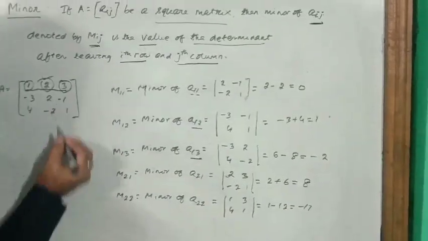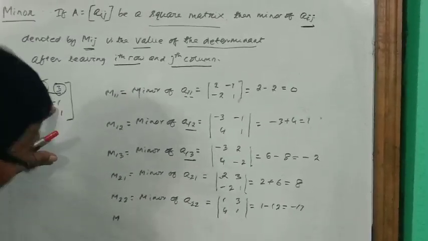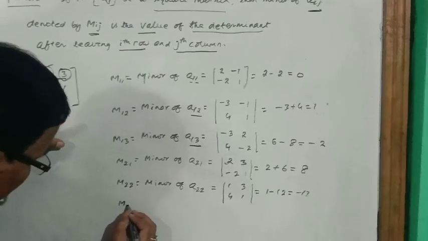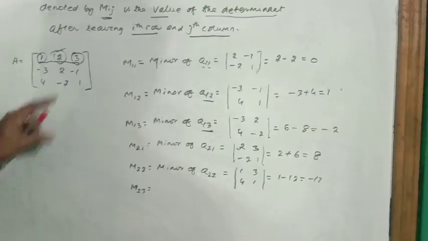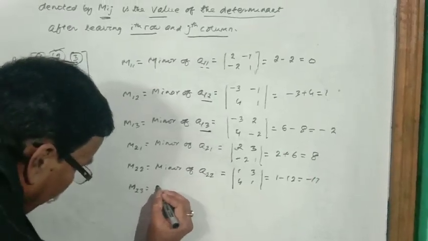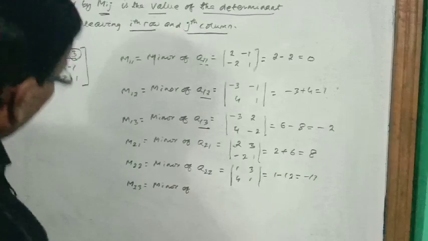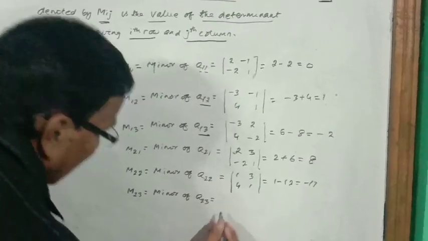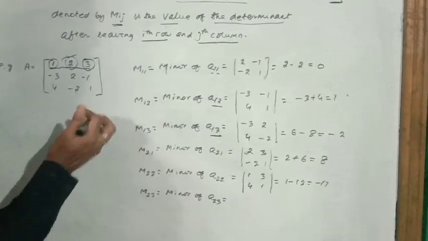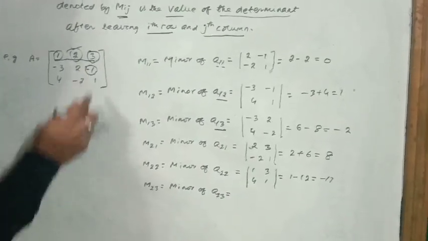Next we have to find the minor of A23. M23 means it is the minor of A23. And what is the corresponding element of A23? That is minus 1. So we will find the minor of minus 1.